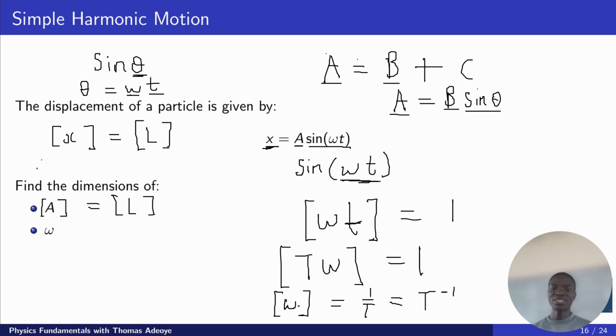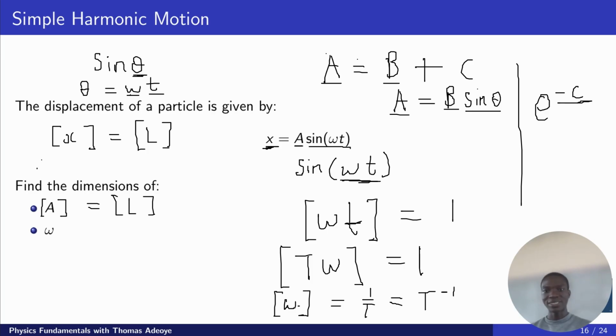Because the sine function itself is dimensionless, if you have not forgotten, in the other question that we treated the other time, we said that since the exponential function is dimensionless, then the argument must be dimensionless, or its dimension must be unity. So here too, whatever we have inside the sine must have a dimension of unity, which is 1.